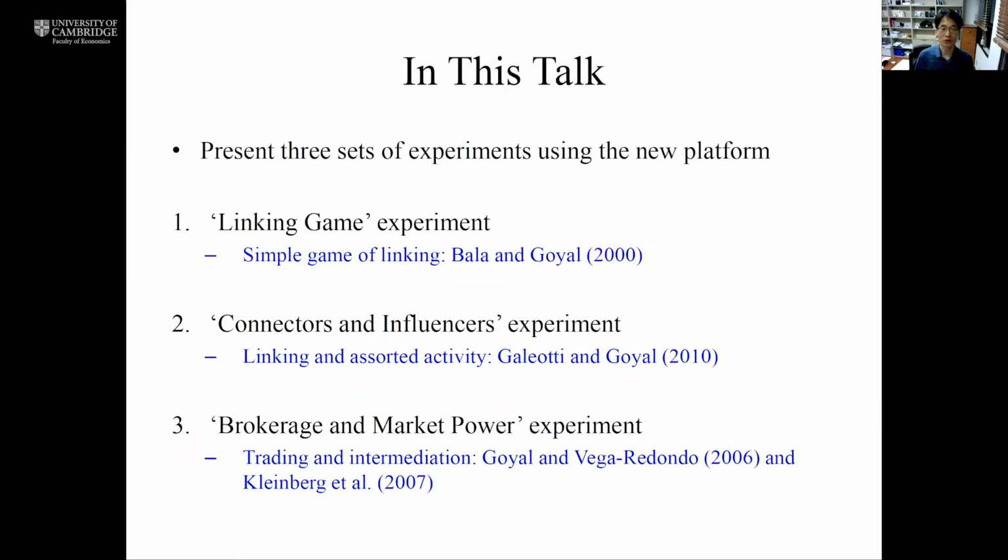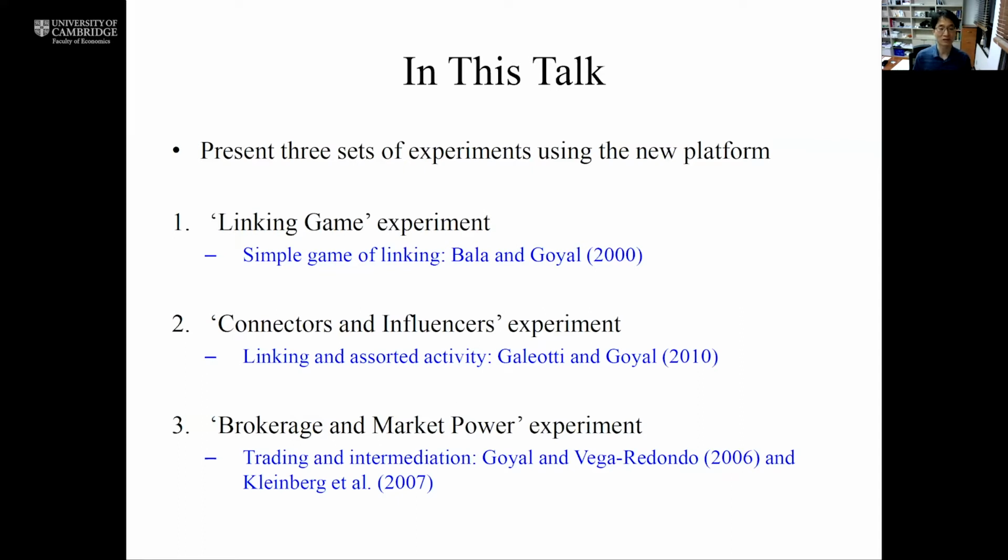So in this talk, I will present three sets of experiments conducted using this novel platform. The first one we call the linking game experiment. This is an experiment about the simple game of linking, mainly based on the theoretical work of Bala and Goyal, 2000, in Econometrica.